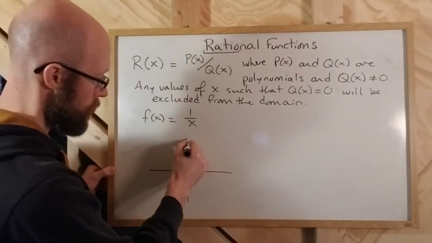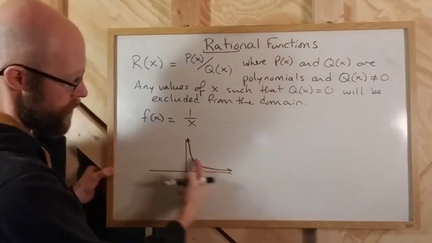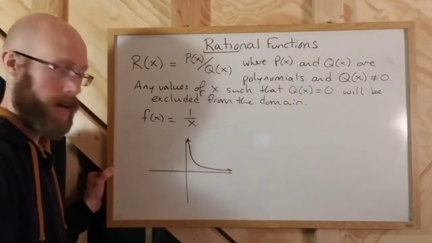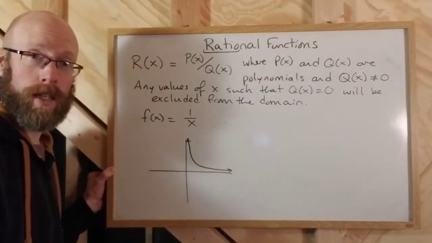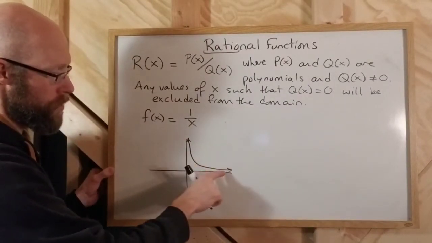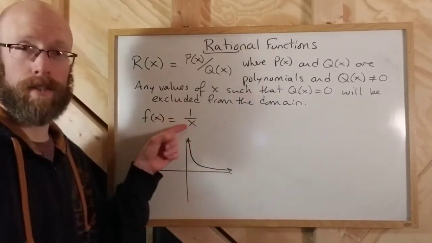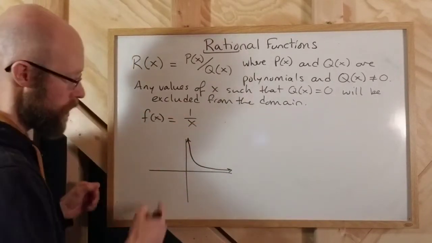But remember, what we saw was that the graph of the reciprocal function has a vertical asymptote at the y-axis, a horizontal asymptote on the x-axis, and on the positive x values, you get positive y values, because 1 over a positive number is still a positive number.